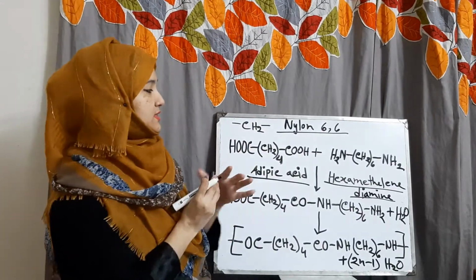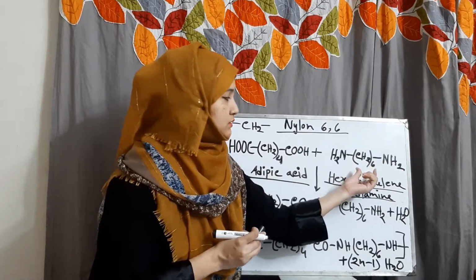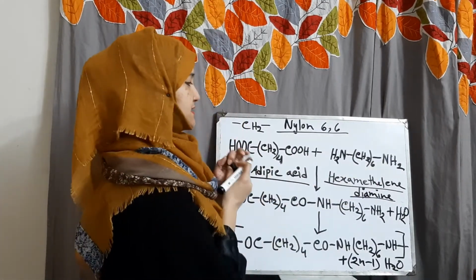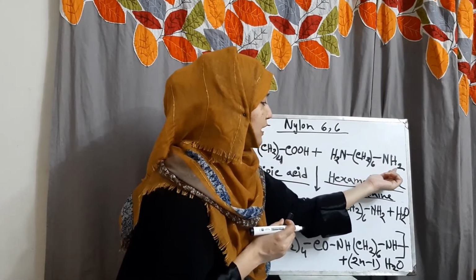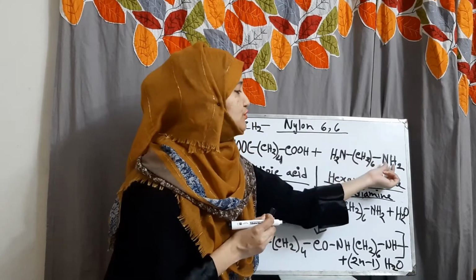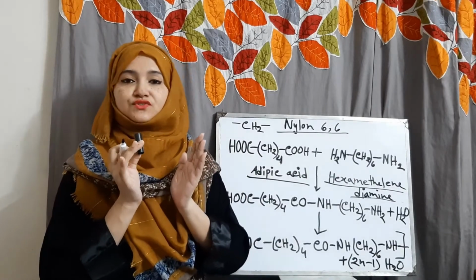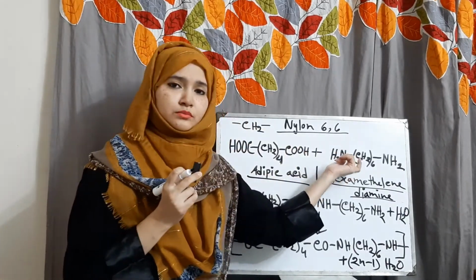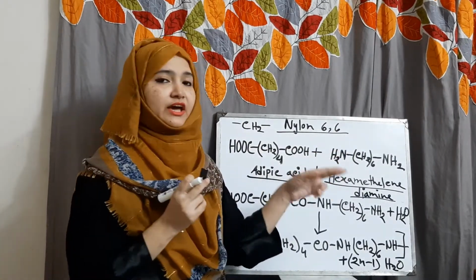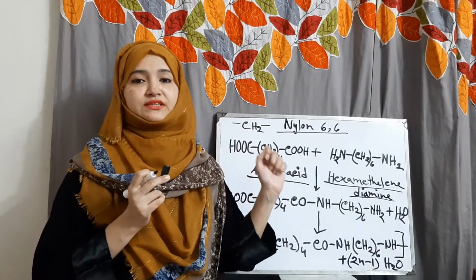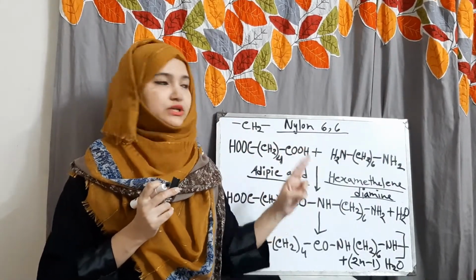Okay, then this other monomer is also a 6 carbon containing organic compound, and you can see in this also 2 amino groups are present. That means 2 same functional groups are present, and it's an important characteristic for condensation polymerization monomers. Generally they have 2 functional groups in their molecule.